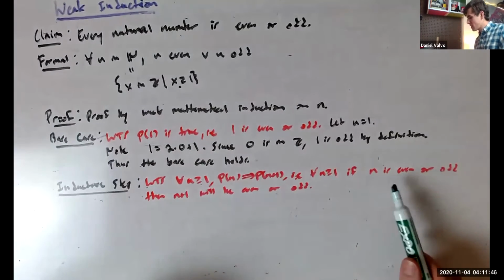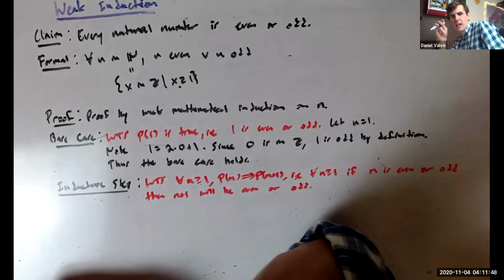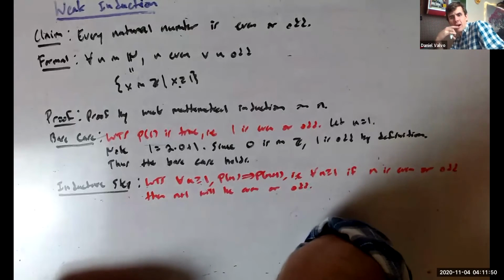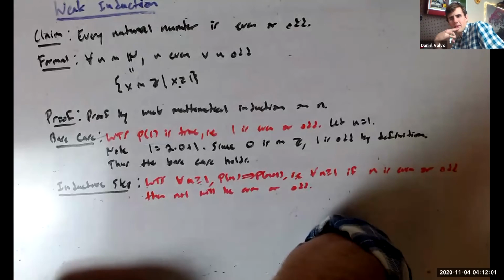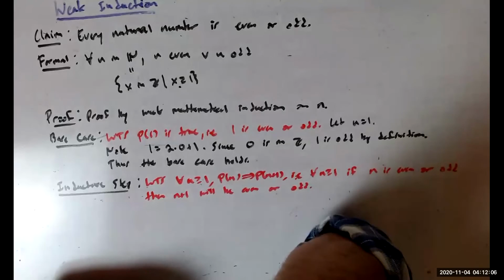So what do you think we should do with n, first of all, here? If we know n is even or odd, what's a good proof technique to simplify things some? Either 2k or 2k plus 1 maybe.